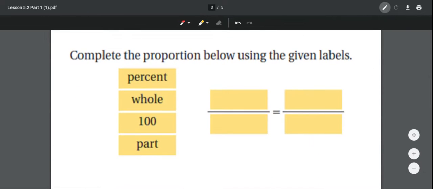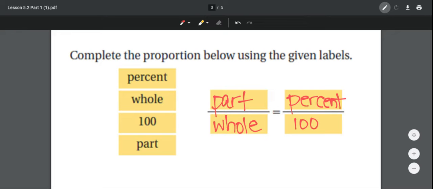So therefore, in our launch, we can fill in the words part over whole is equal to the percent out of 100.